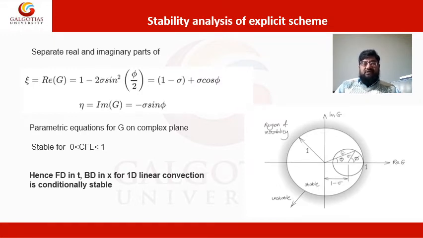There are other methods which require some more algebraic manipulation, where you can calculate the constraint on sigma so that it is inside the unit circle region. So for sigma less than 1 and greater than 1, our strategy of upwind difference, meaning backward difference in space, will be conditionally stable.